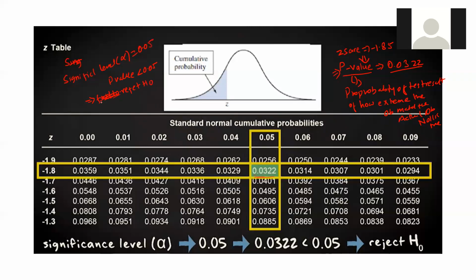That's not proof. If it is greater than 0.05, then we fail to reject the null hypothesis.